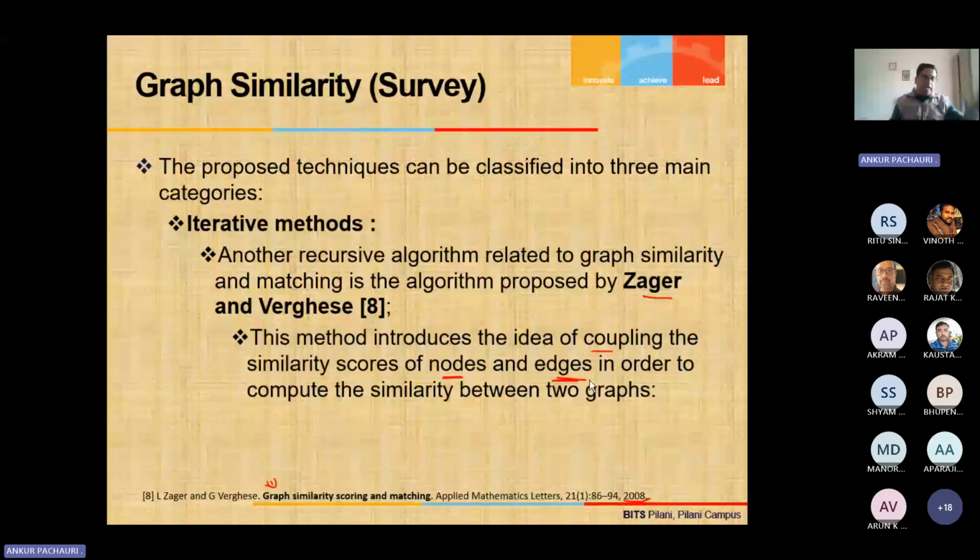So they start with the initial values, and then based on the nodes, they update the edge similarity, and then based on the updated edge similarity, they update the node similarity of the next iteration, and so on. So it is a two-step process.